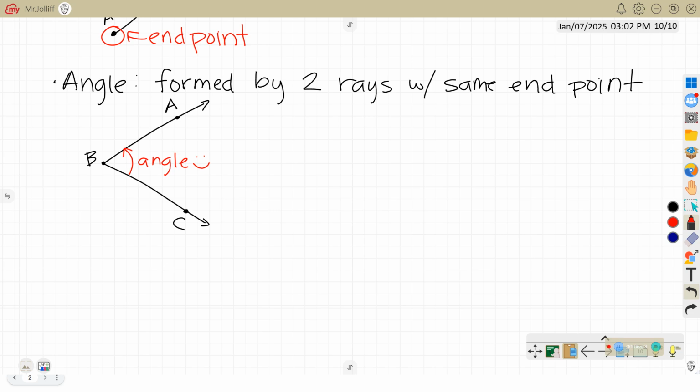And the angle has a common point where those two endpoints meet. And that common endpoint gets a name. The common endpoint that forms the corner of the angle is called its vertex.